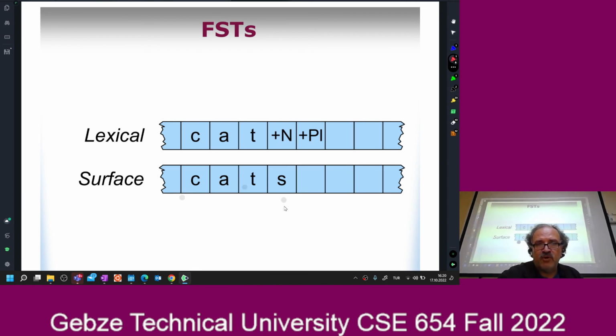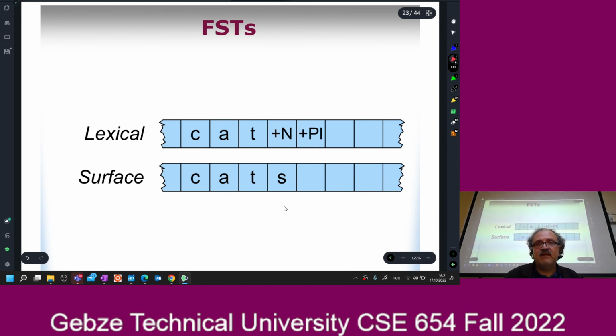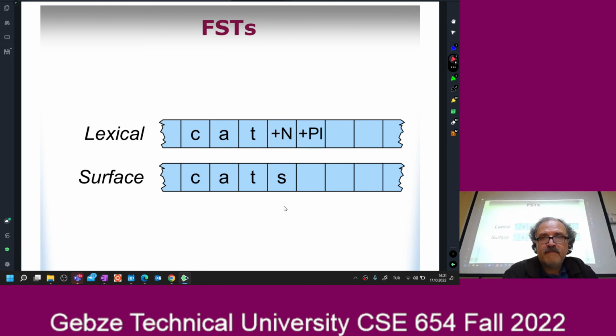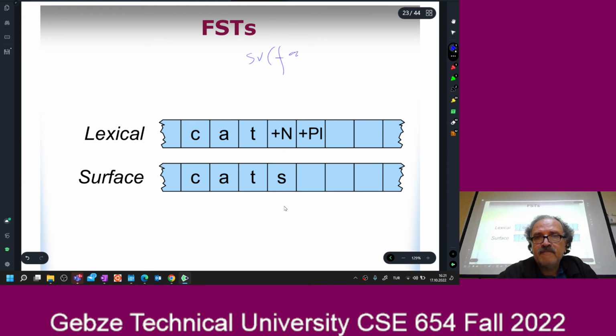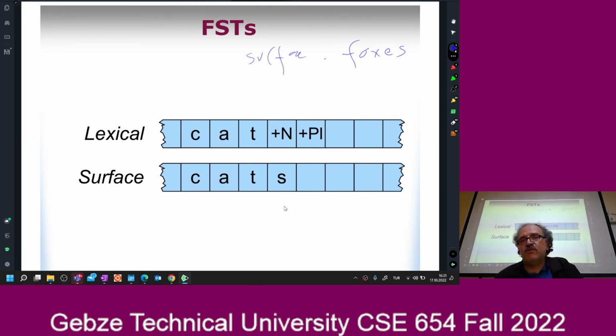This is the surface form. Surface form is the form that we read, that we see on the books and on our screens. And the lexical form is the parsed version of it. Parsed version of it. Okay? If I have in my surface form foxes, okay, remember I insert an E for the fox.